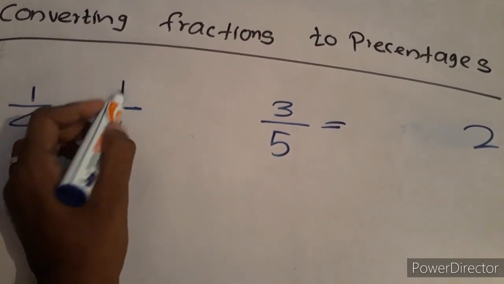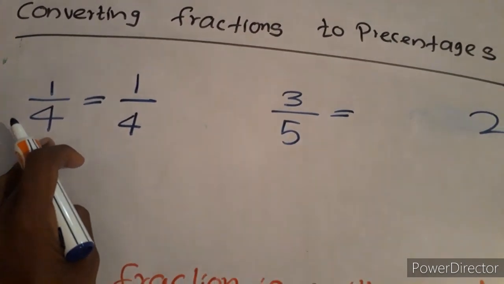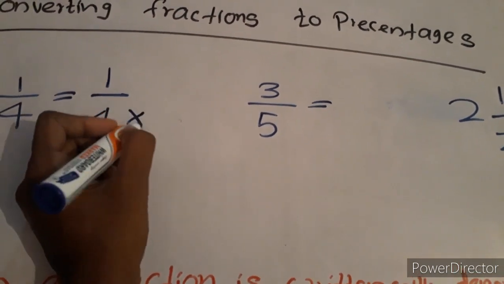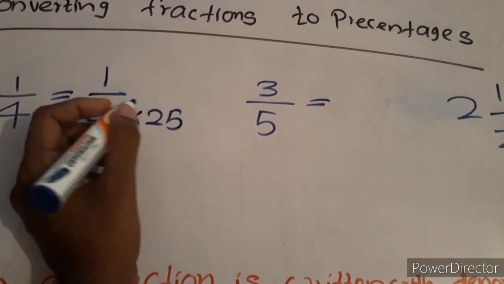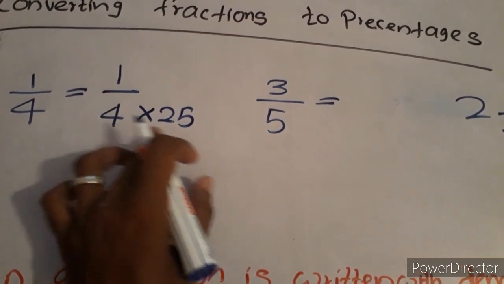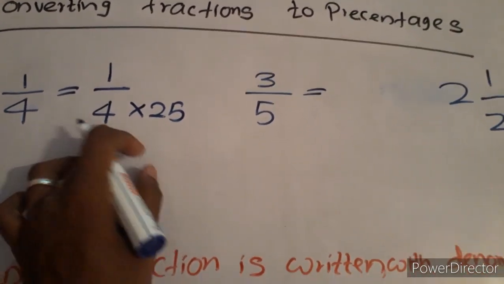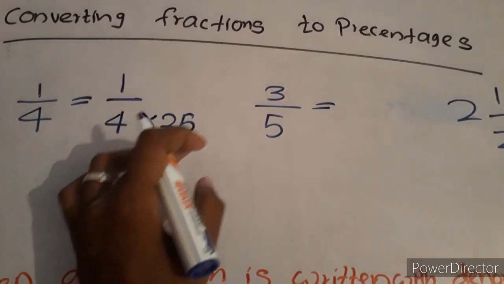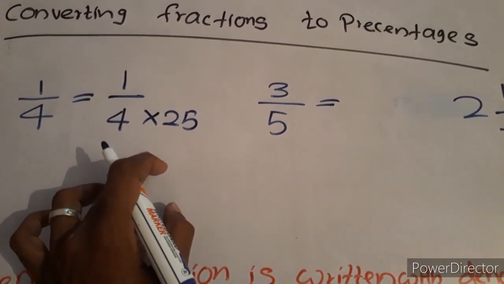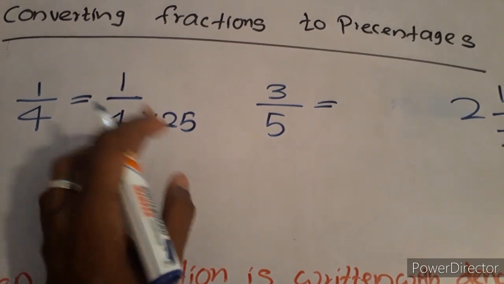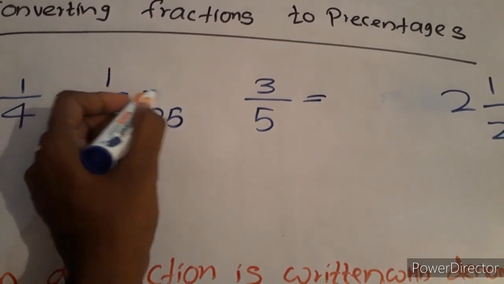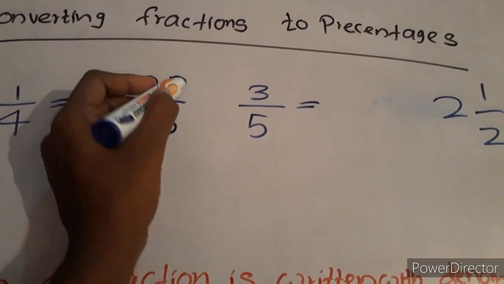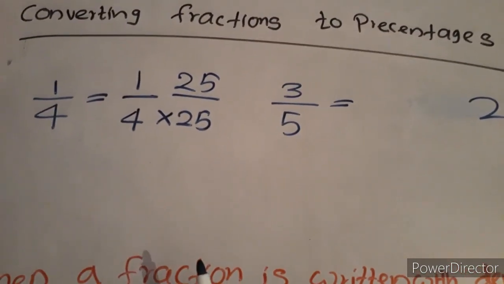I write it again here. We can multiply this 4 by 25. If we multiply this 4 by 25, it becomes 100. So the denominator becomes 100. Same as that, we have to multiply the numerator also by 25.